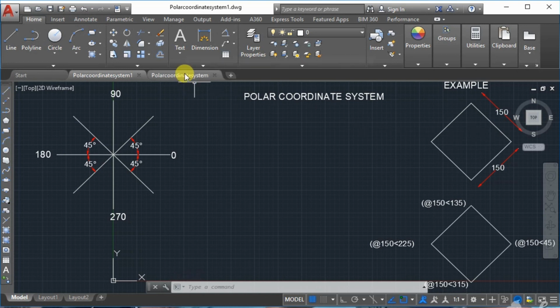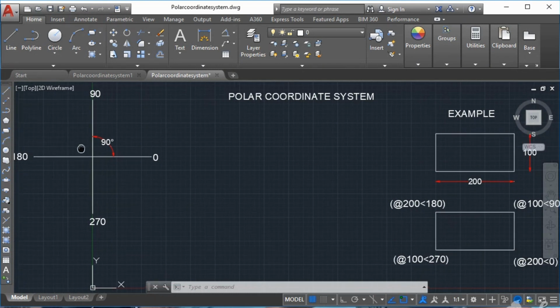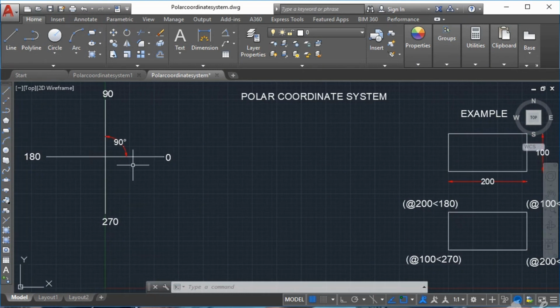If we want to draw this rectangle having length 200 mm and width 100 mm by using the polar coordinate system, first of all we want to know the concept of this system. Let us know about coordinates in the polar coordinate system. Now let us have a look at this axis.